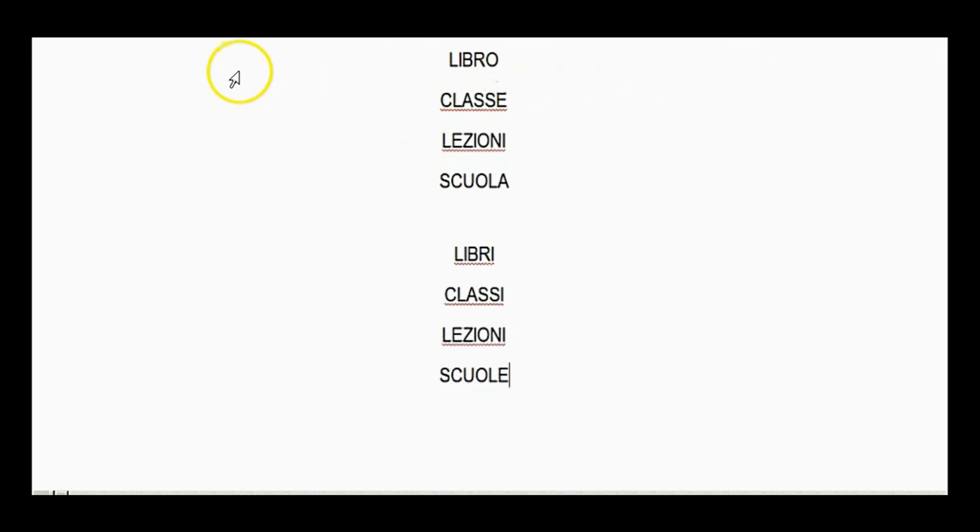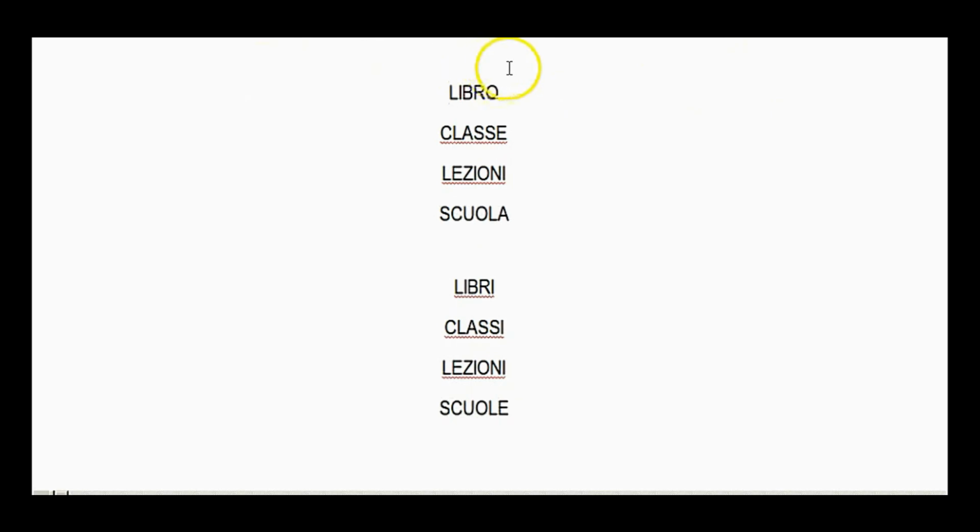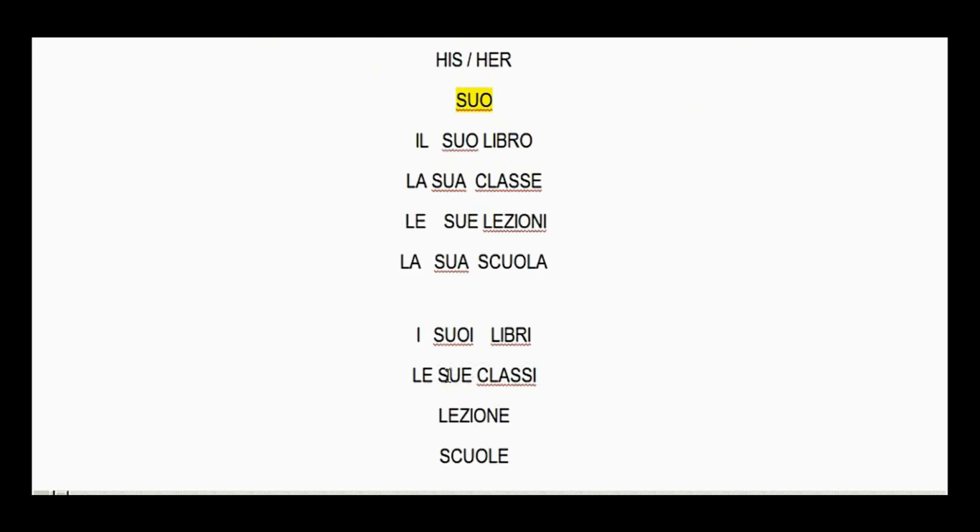Let's see this list of words: libro, classe, lezioni, scuola, and then the plural forms: libri, classi, lezioni. Actually, that's a duplicate. Scuole. Okay, no big deal. His and her. The basic form is suo, and then we see the variations. Oh, my apologies for an error in editing. I didn't show you as I wrote the adjectives, but we can go over them one by one now.